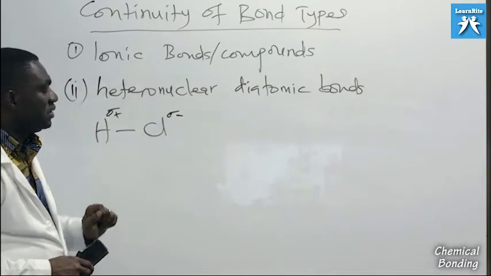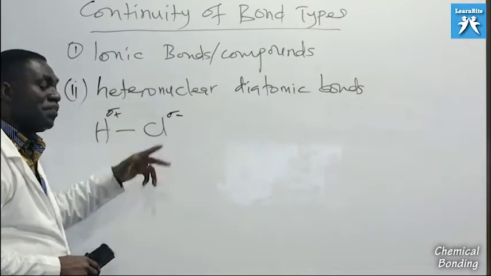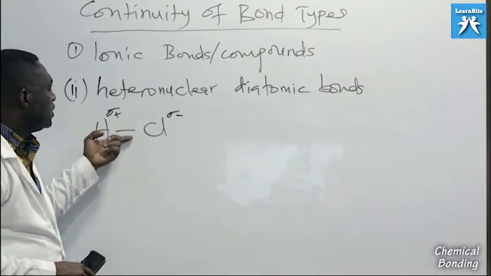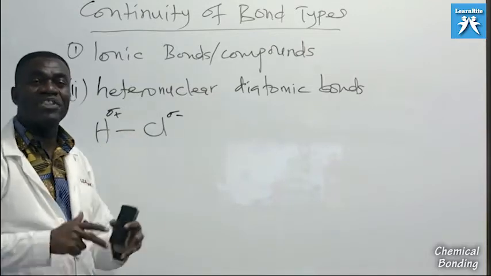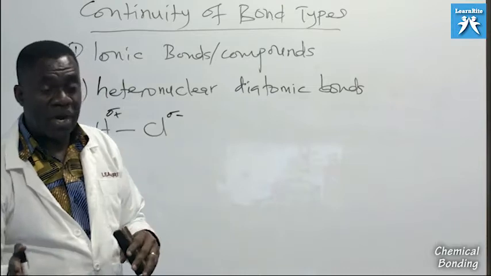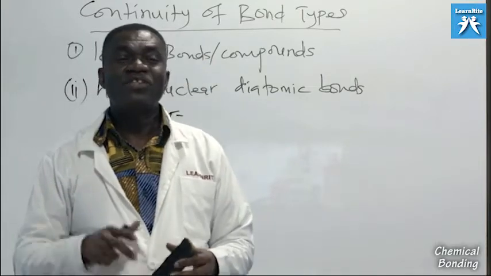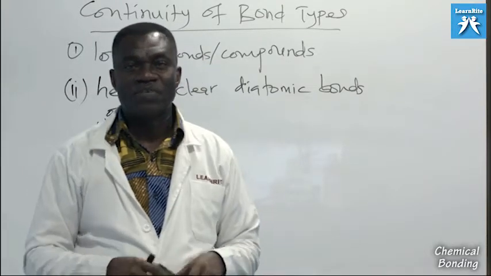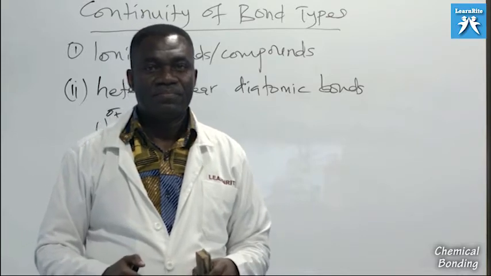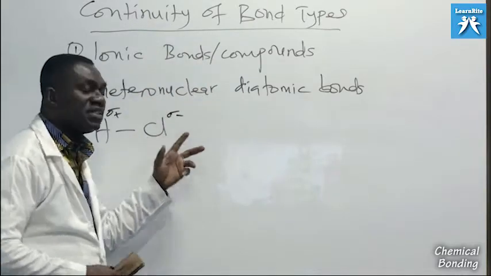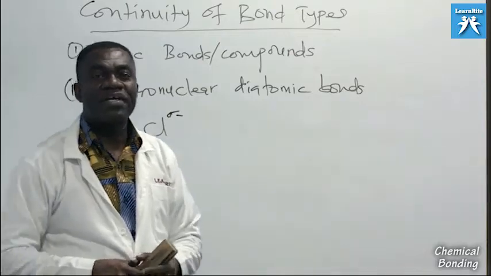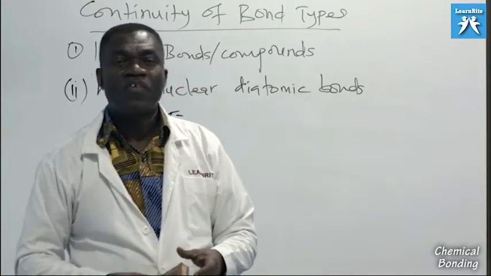Now, when this happens, once the charges are separated, the electron pair that is supposed to be shared equally amongst them is shifted onto one more than the other. This introduces some ionic characteristics into it because of the charges. The separation of the charges introduces some ionic characteristics into the covalent bond.